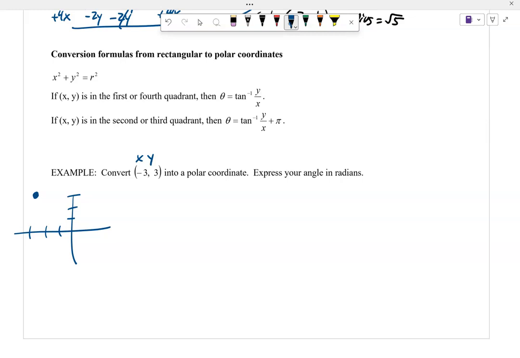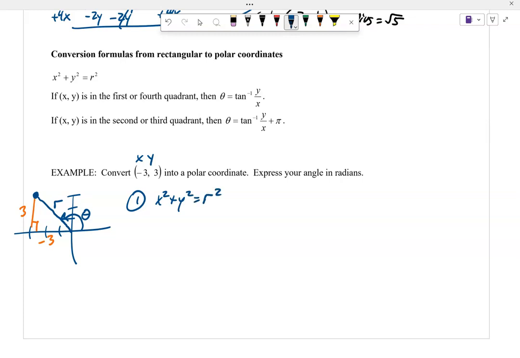Well, if we're going to find it as a polar coordinate, I'm going to need to know theta, and I'm going to have to know r. And so the first thing I'm going to do is drop this straight down and put in, well, that's a -3, that's an up a 3. And step number 1, I'm going to say x squared plus y squared equals r squared.